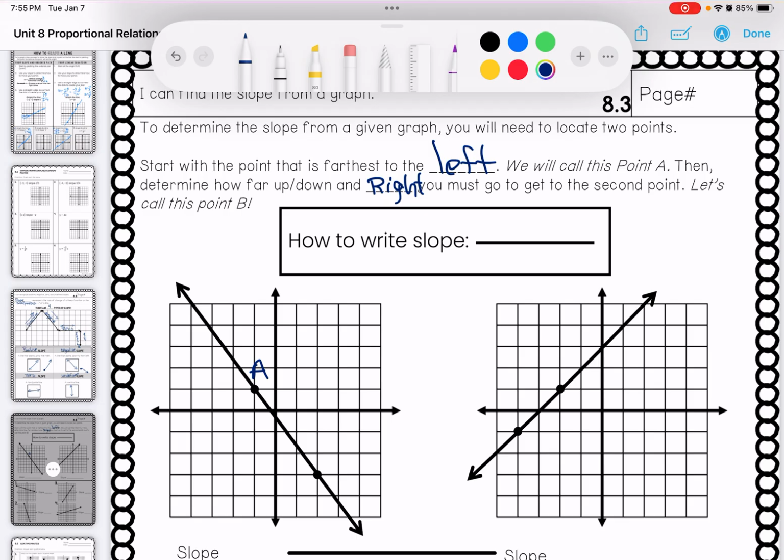So let's call this one B. It's kind of like a hand. Your left hand, A. Your right hand, B. So in this case, you're doing slope as in rise over run. Rise is up and down, your run, left and right.